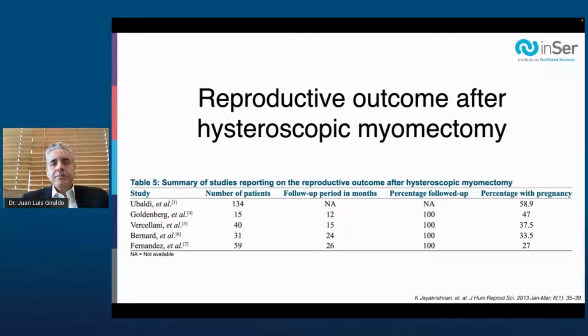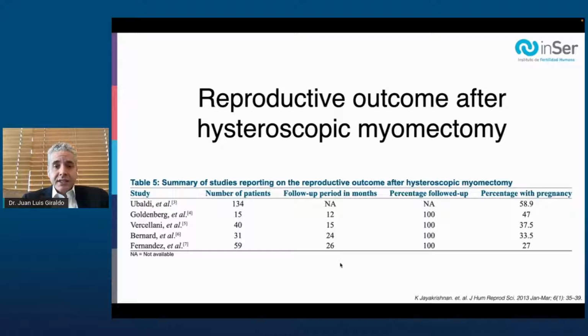After that publication in 2013, a new publication addressed 5 more series of patients taken to hysteroscopic myomectomy that were followed for approximately 12 to 24 months. These 5 series included between 250 and 300 patients taken to hysteroscopic myomectomy.